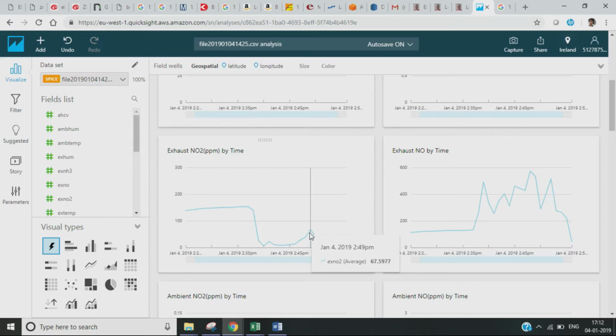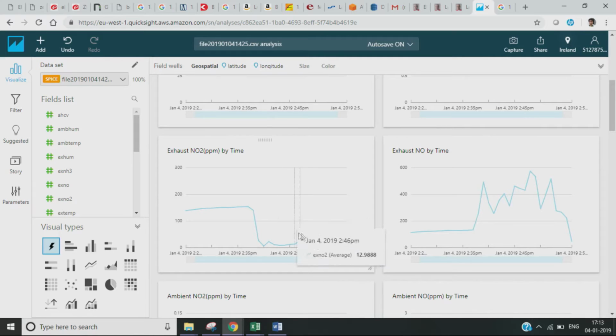For example, 2:49 pm shows a certain value here which is more or less coinciding with the 2:48 pm high value, and that perhaps that little time was taken for the purpose of oxidation, and that conversion of nitric oxide into nitrogen dioxide must have happened in real time out there.